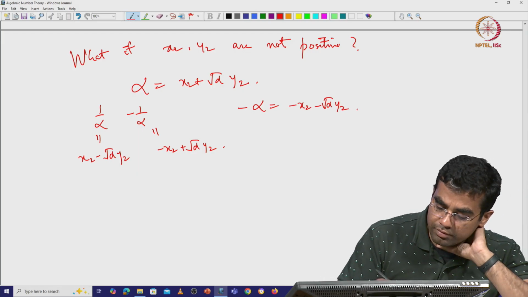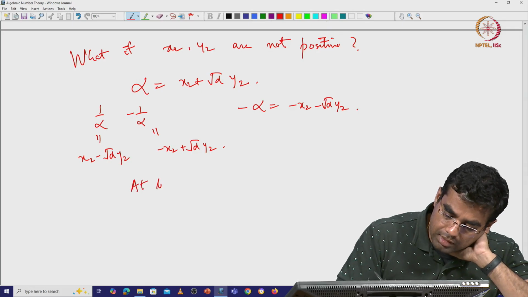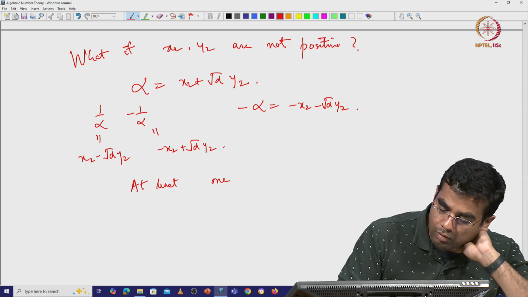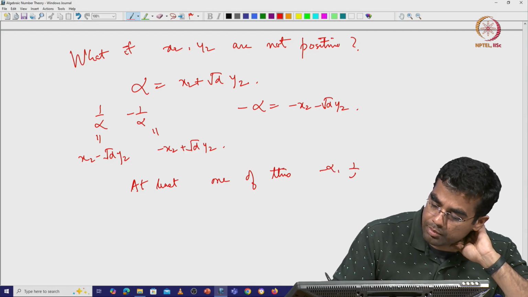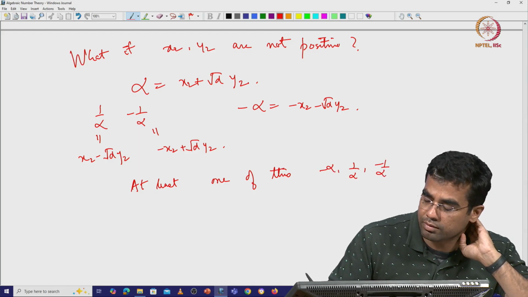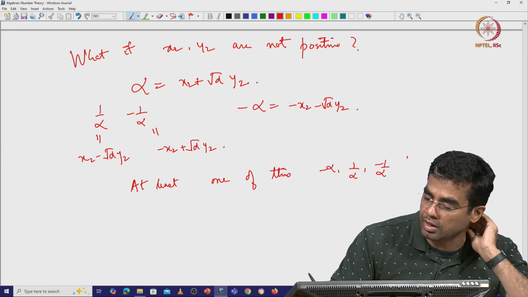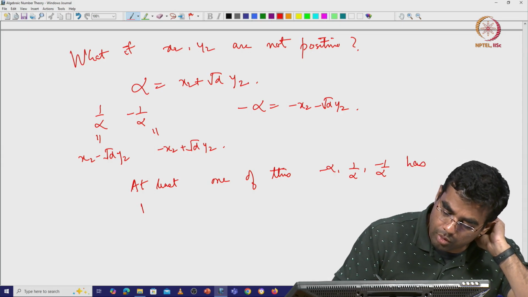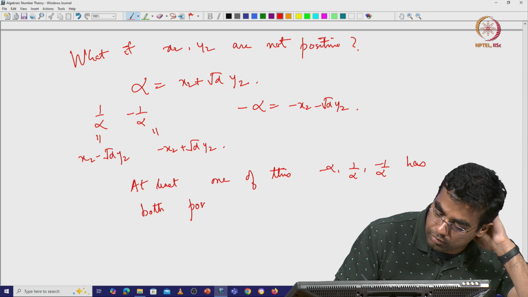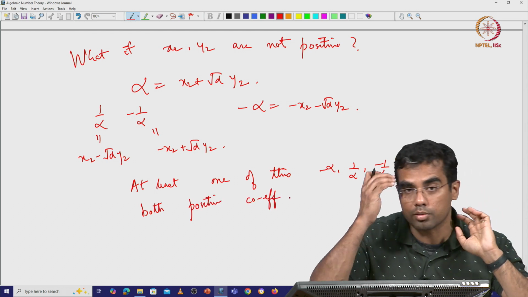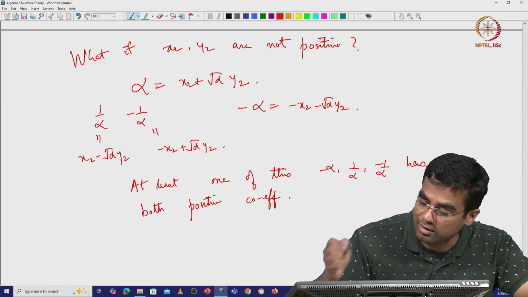So, at least one of these, minus alpha, 1 by alpha, minus 1 by alpha, has both positive coefficients, and then we run our argument with that and finish the proof.